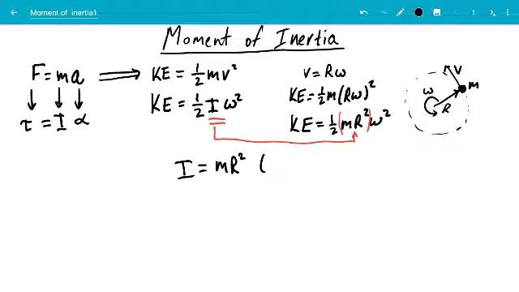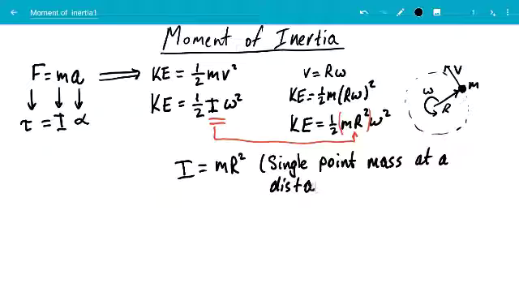Okay, so that's for a single point mass at a distance r from the axis of rotation.